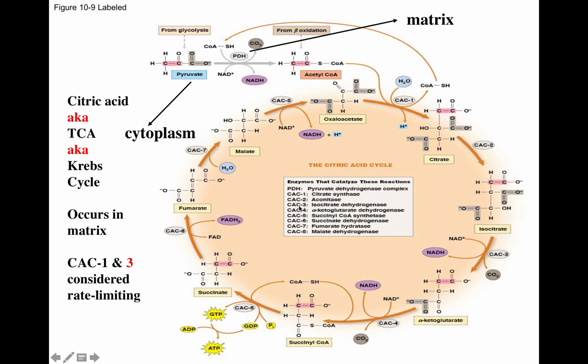Citrate synthase and/or isocitrate dehydrogenase are considered rate limiting. It depends on the book that you pick up. Most modern books consider isocitrate dehydrogenase as the rate limiting step, but citrate synthase is a close second. You'll often see citrate synthase used as an indicator of aerobic activity.